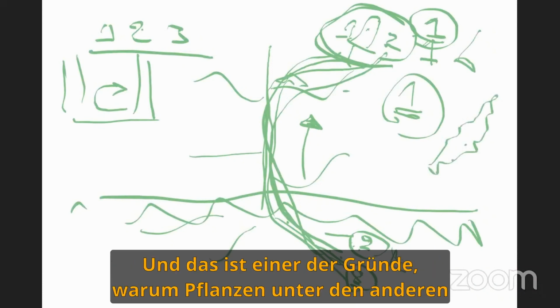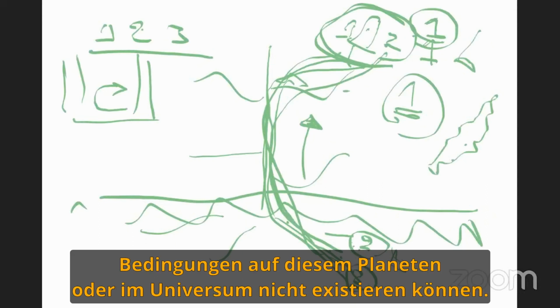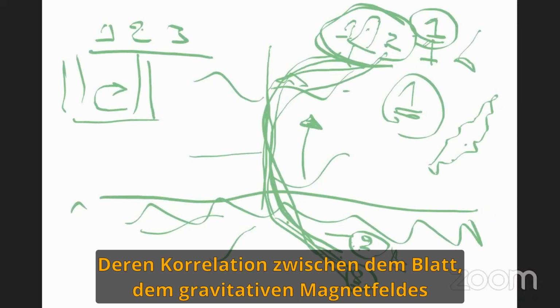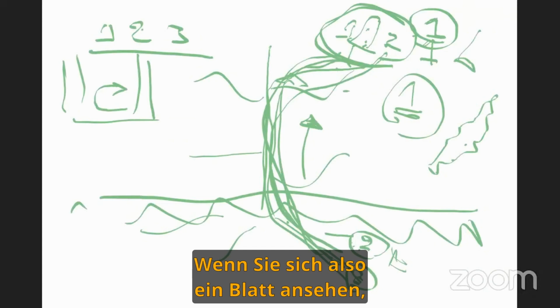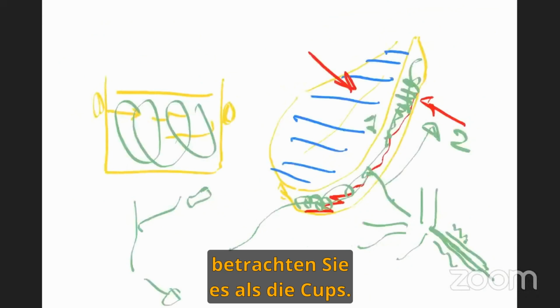This is one of the reasons plants cannot exist in other conditions on this planet or in the universe. The correlation between the leaf, gravitational magnetic field, and the root creates the pumping. So when you look at a leaf, look at it as a cup space.